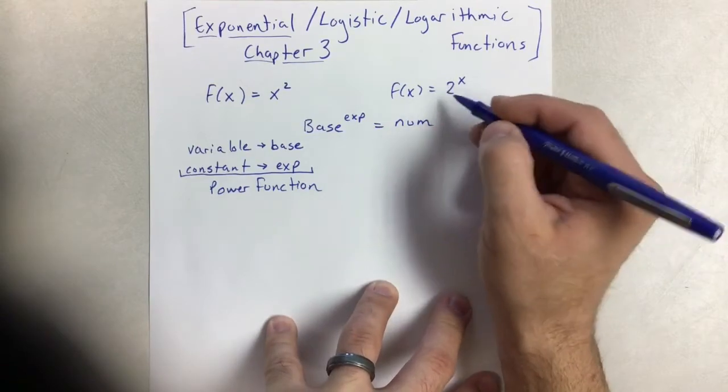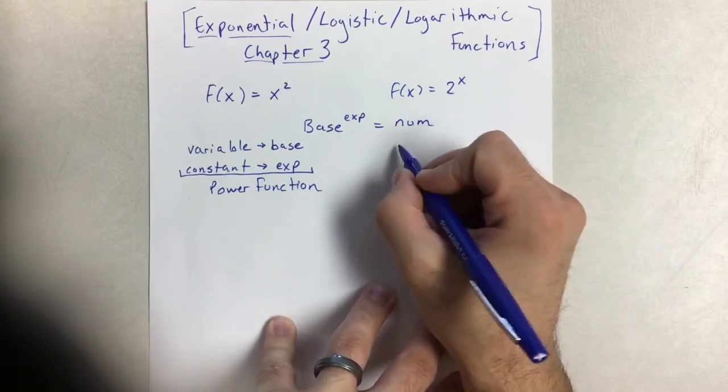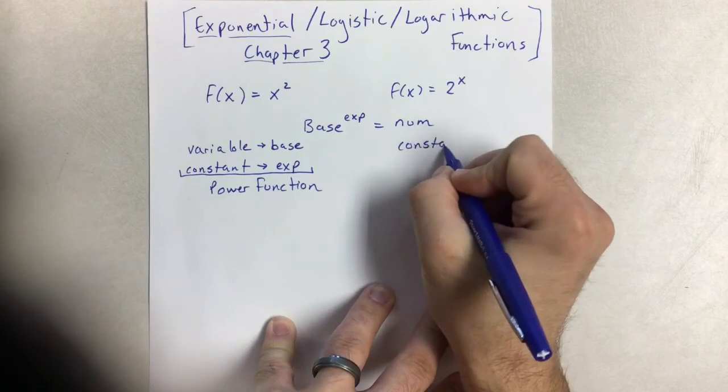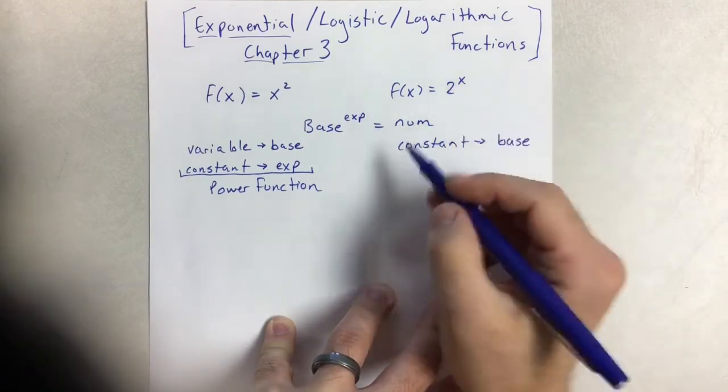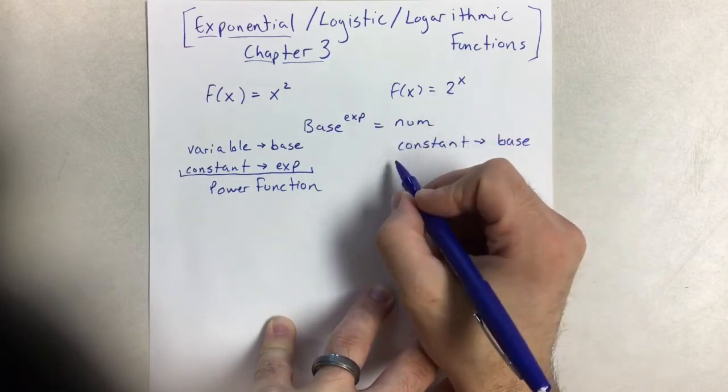And that's not the focus of this chapter, but we're comparing it to a function like this, where our base is a number, or a constant. And then our exponent is where we find the variable.